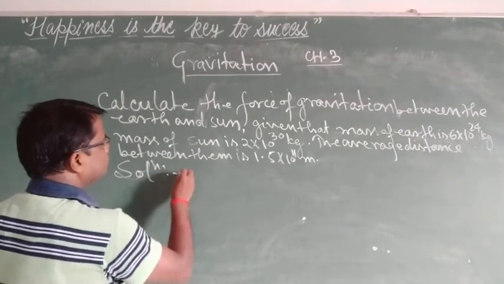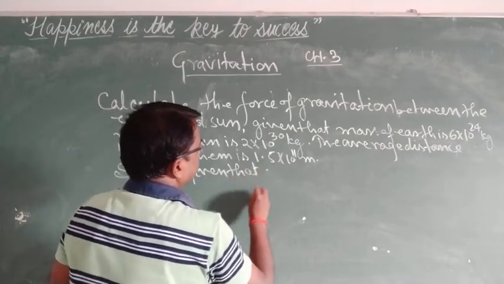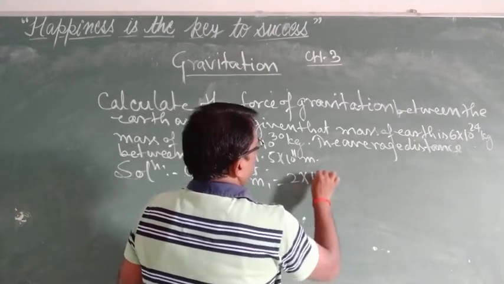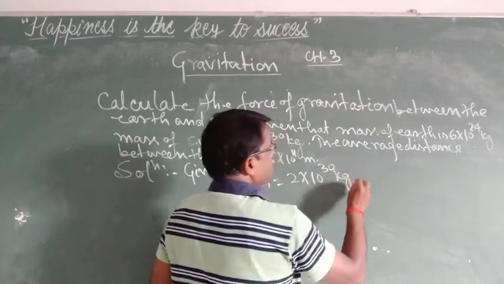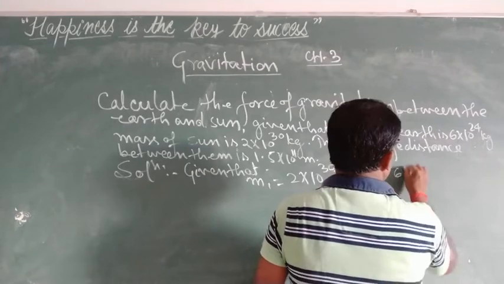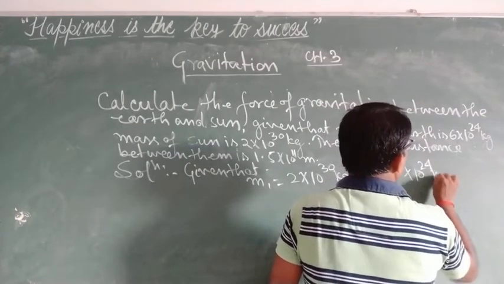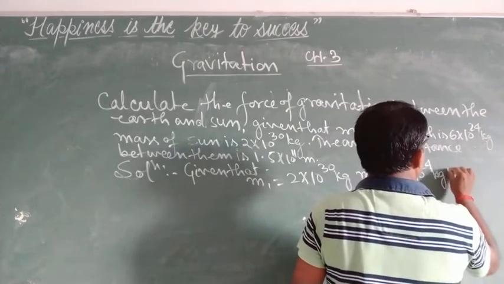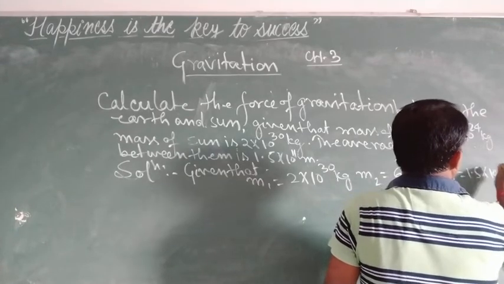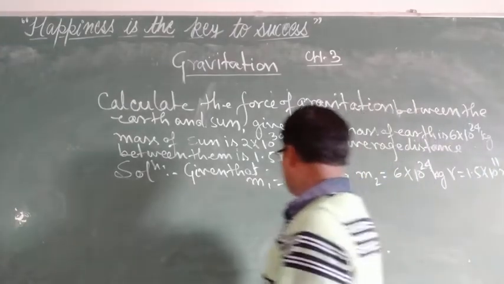Given that m1 is equal to 2 into 10 to the power 30 kilogram, m2 is equal to 6 into 10 to the power 24 kilogram, and r, the distance between them, is 1.5 into 10 to the power 11 meter. You can check it.